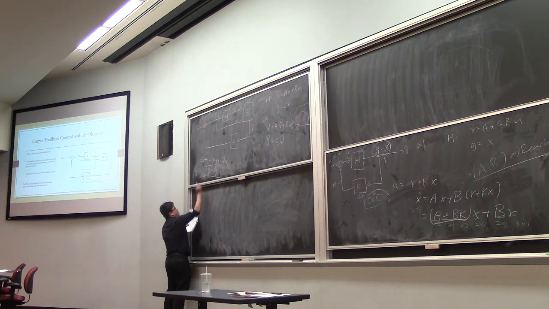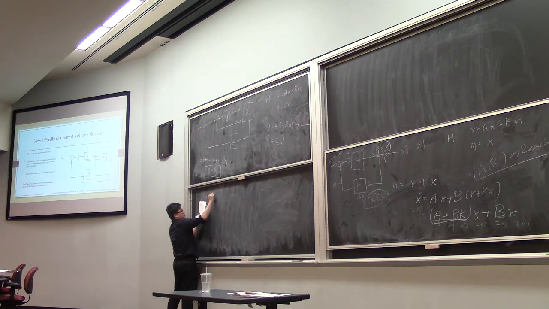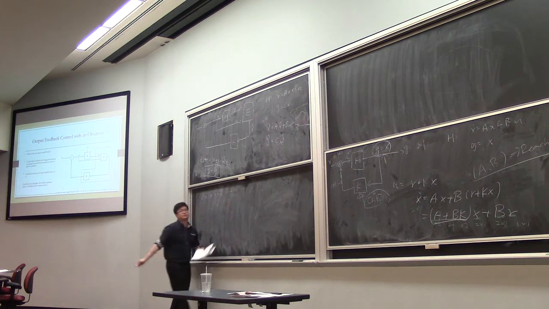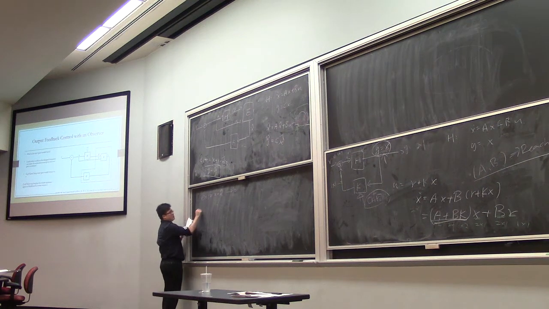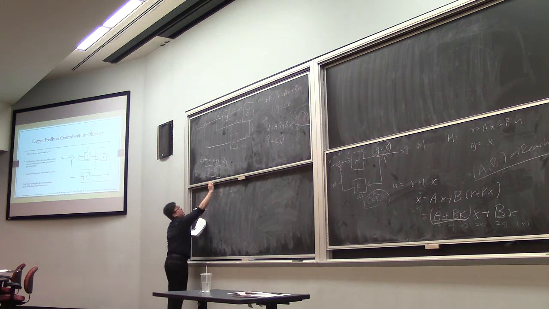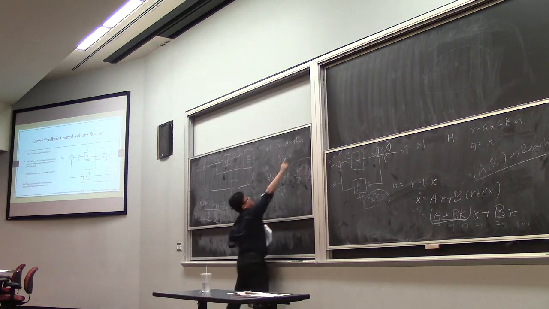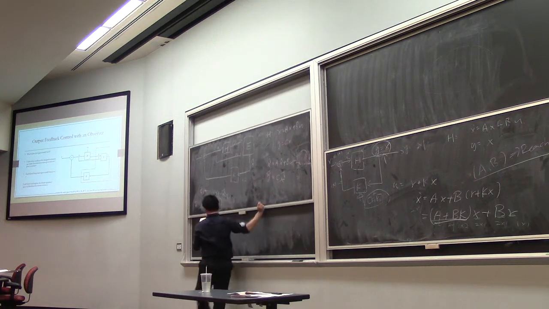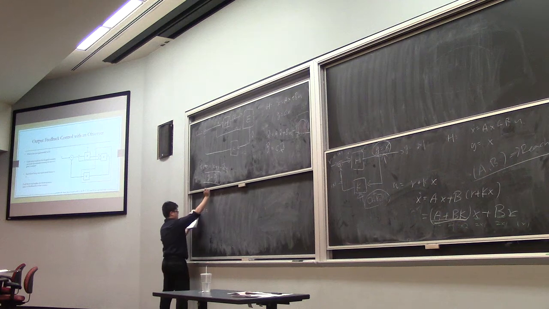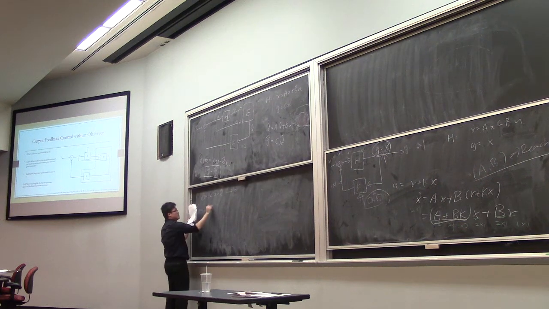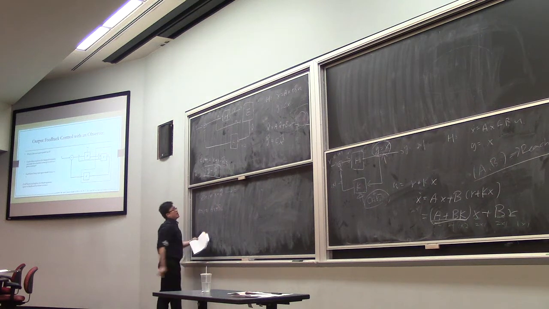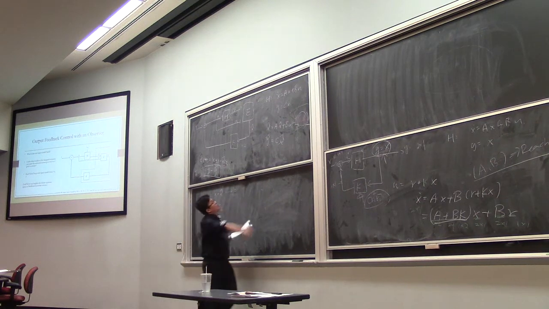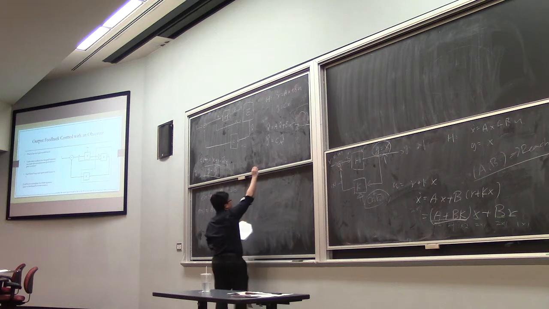So which L makes e of t, which equals x minus x hat, go to 0? Okay? So e of t equals x minus x hat. I just plug in the whole formula here. So you have a times x plus bu. For x hat, I just plug into the formula I wrote down here.